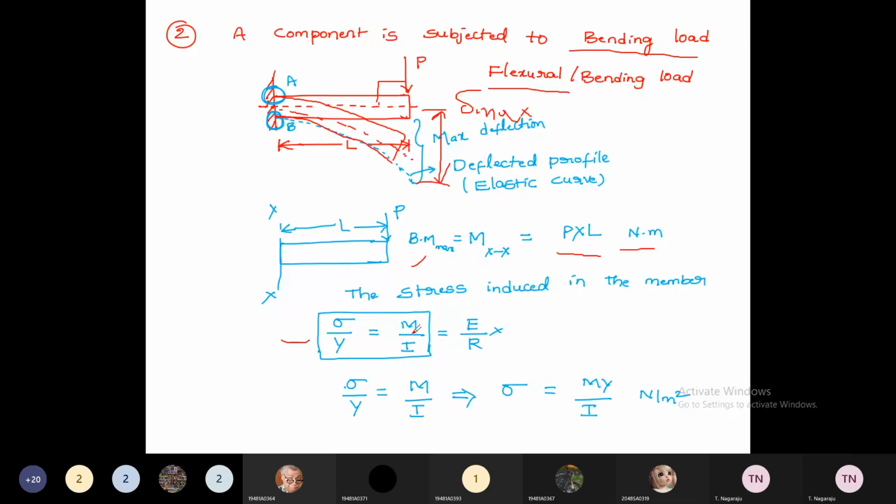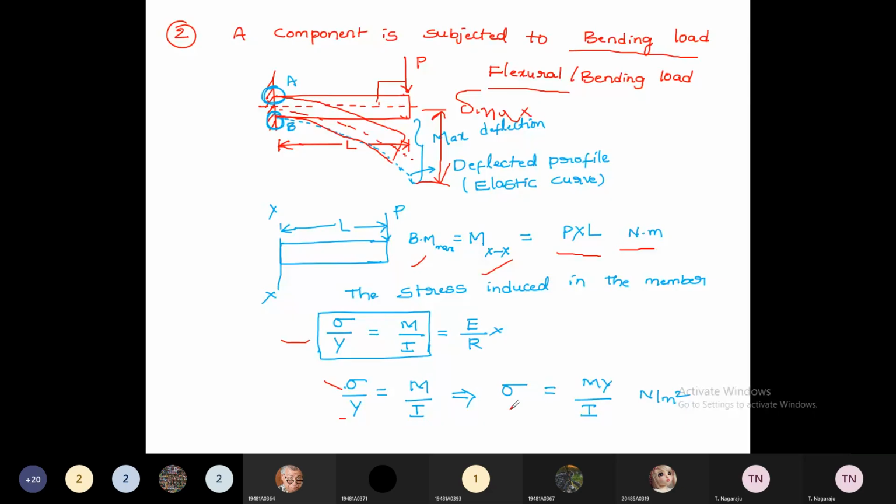So from this, you may calculate the bending stresses from the first two terms or last two terms. But here it is very easy to calculate bending stresses from the first two terms, because you know the bending moment. So sigma by y is equal to M by I, so sigma equals M into y divided by I, where sigma is the bending stress, y is the distance from the neutral axis to the outermost fiber, M is the bending moment, and I is the moment of inertia.